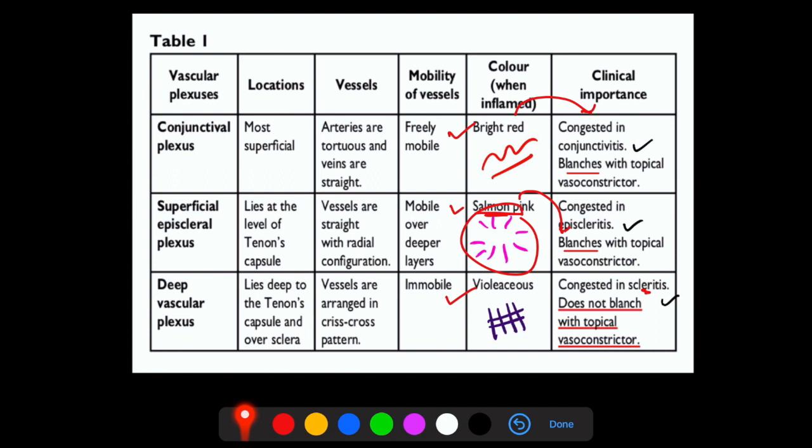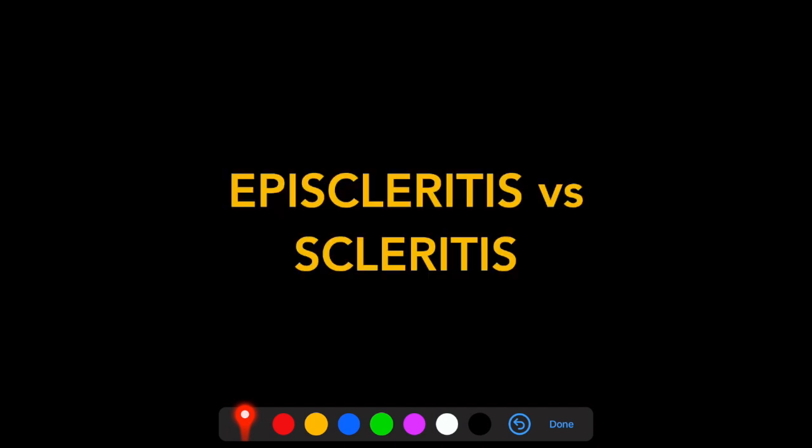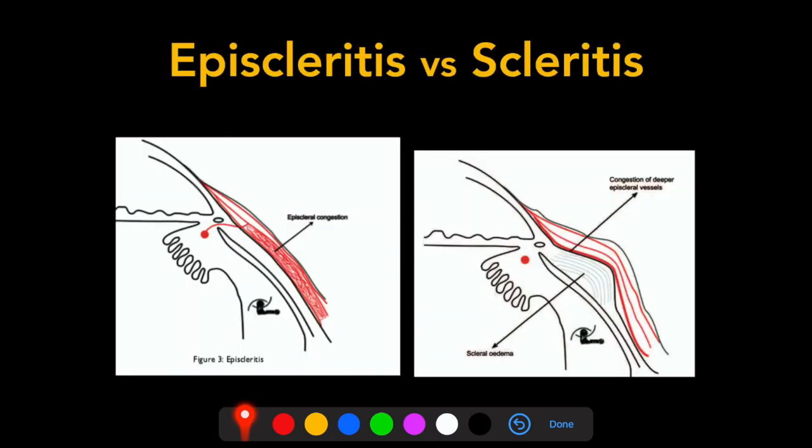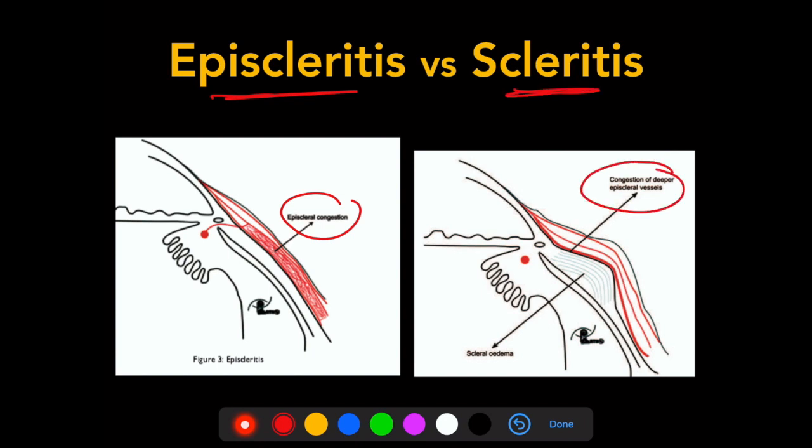I hope that's clear. So let us come to how to clinically differentiate episcleritis and scleritis. I'm just going to repeat what I've said, but in a more pictorial way. Episcleritis is just the congestion of the episcleral plexus, whereas scleritis is not just the congestion of the deeper episcleral or scleral vessels, but also involves scleral edema.